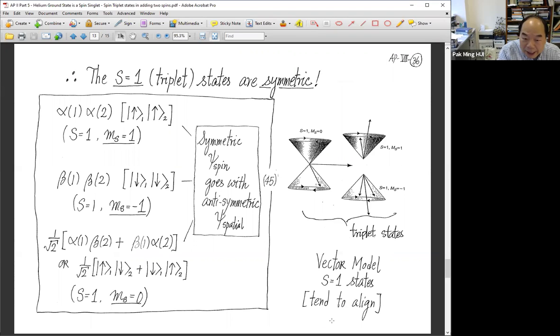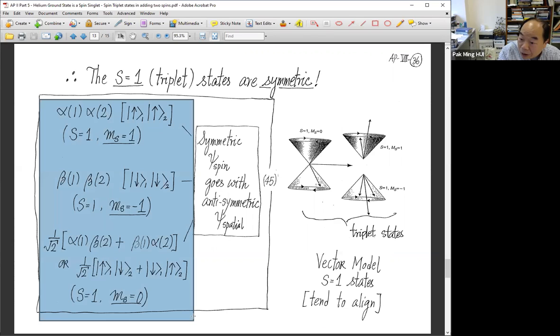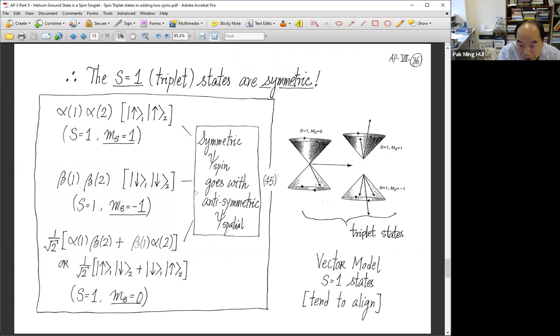So summarizing, in one box, we have discussed these 3 triplet states, and in a vector model, it is depicted as this. This one has both vectors living in the upper cone, see the 2 arrows, so that the end result add up, okay?